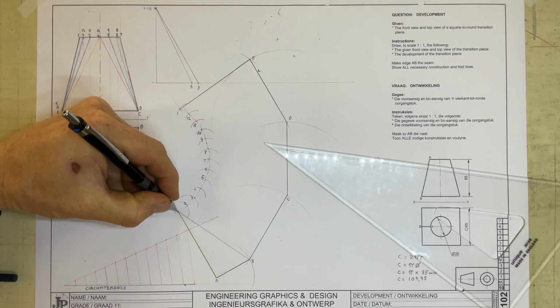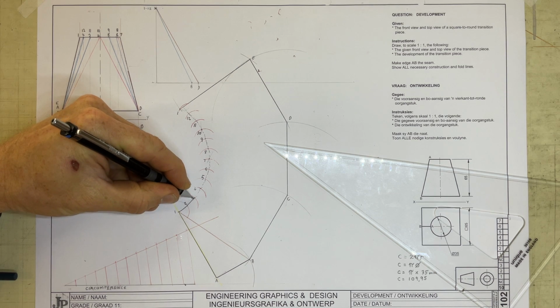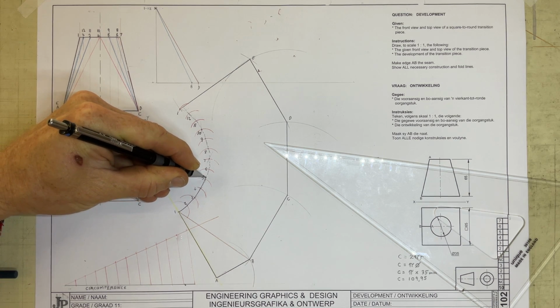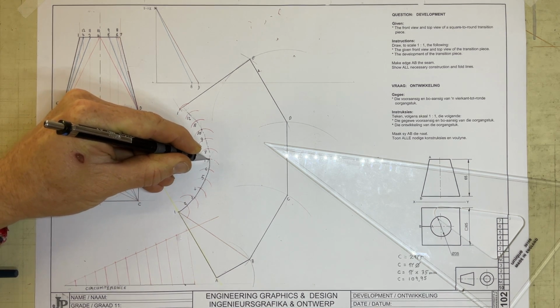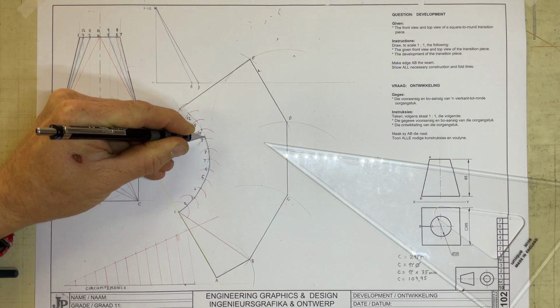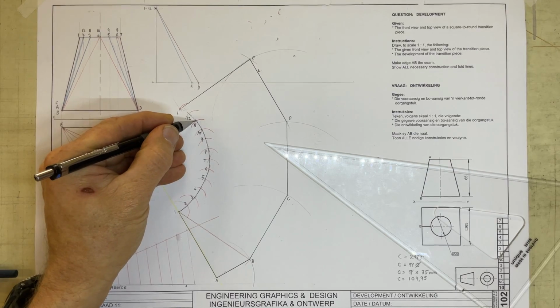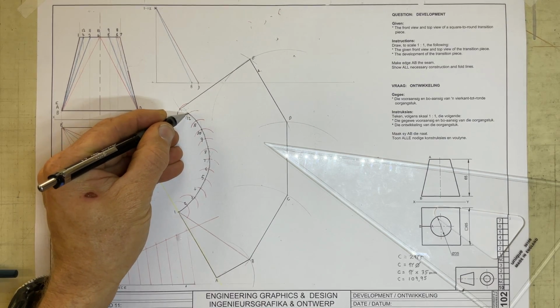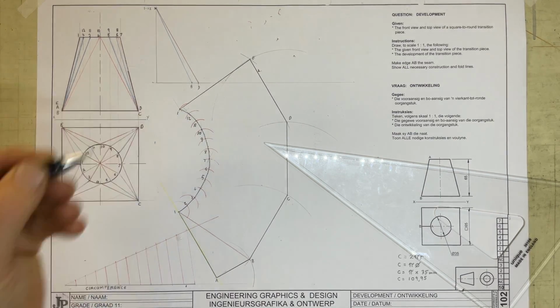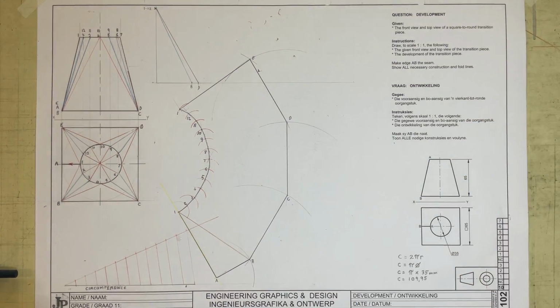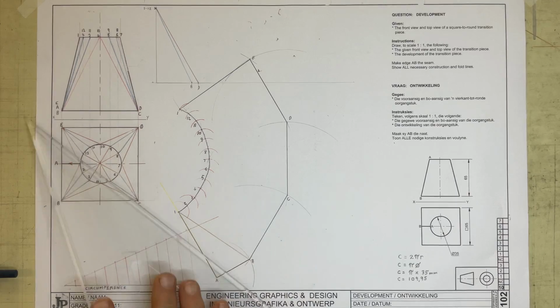I'm just going to freehand. There we go. That will be a nice, beautiful arc going around like this. Let's just get myself more comfortable, and there we go. That's that done.